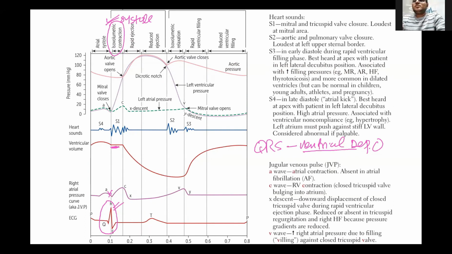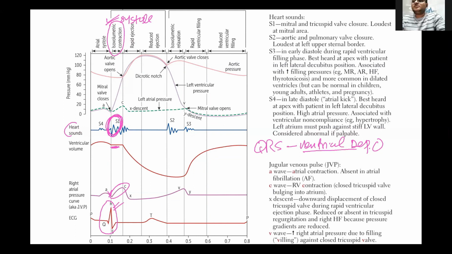So what will be the production of sounds? I told you, important MCQs of FCPS part 1, many times it is a repeated question: S1. Production of S1 in isovolumetric contraction is an important point. The next important change in the JVP is the C wave.